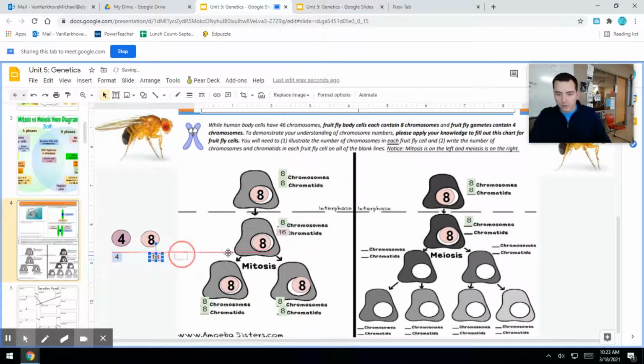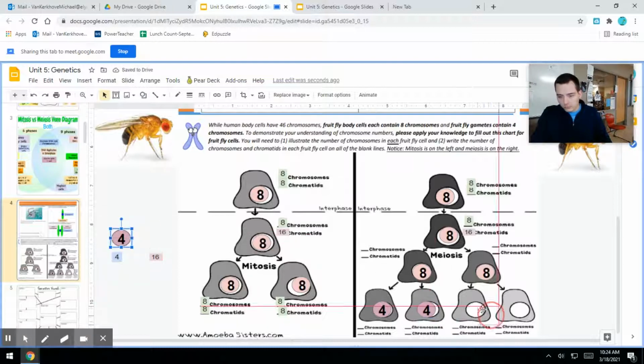It's got 16 chromatids. Then that cell divides, 8 chromosomes. And then those 2 cells divide, and it gets smaller. Those divide in half. So now, in meiosis, I start with 1 cell, but I end with 4 cells that are unique.